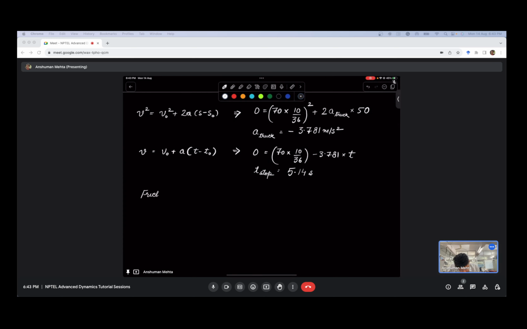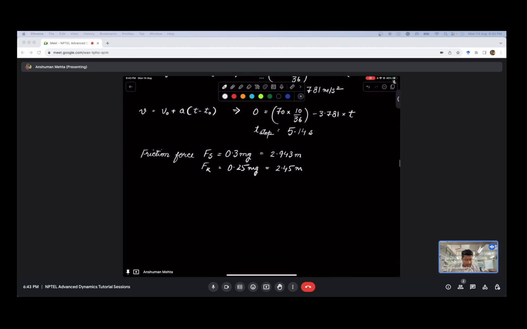Now we know that the friction force Fs is equal to 0.3 mg, which is equal to 2.943 m, and this is static friction. Kinetic friction will be equal to 0.25 mg, which is equal to 2.45 m. Here m is not meter, it is the mass.